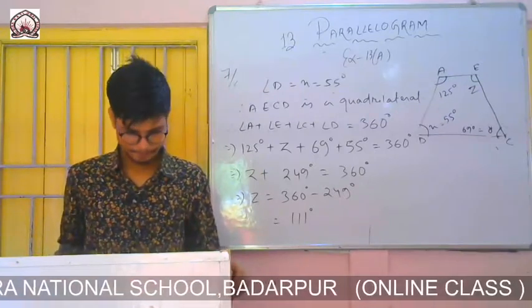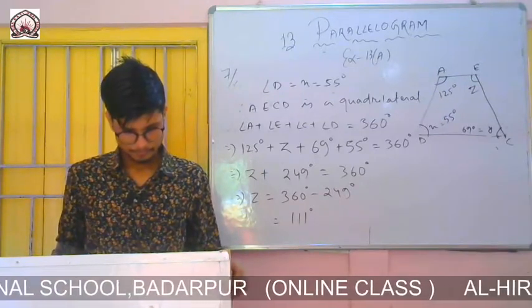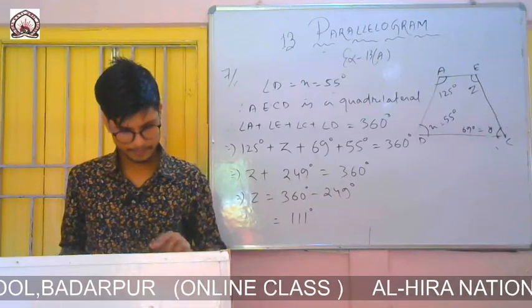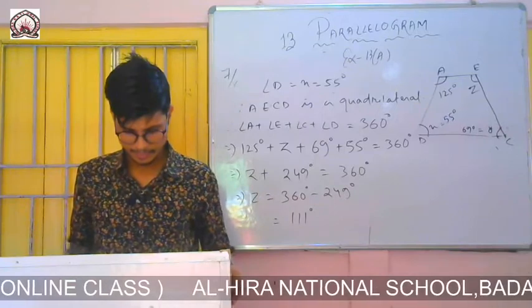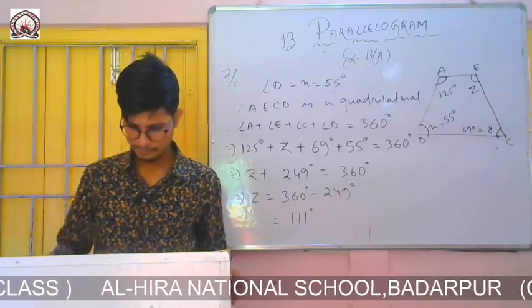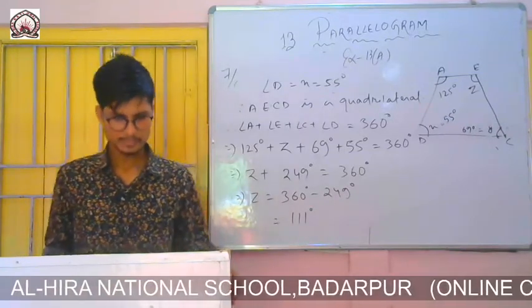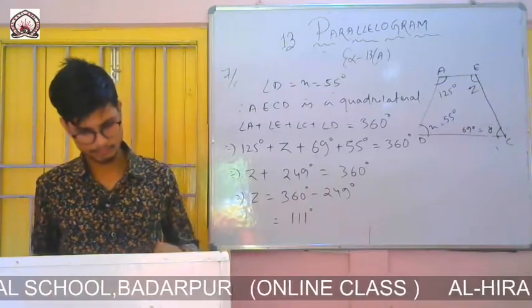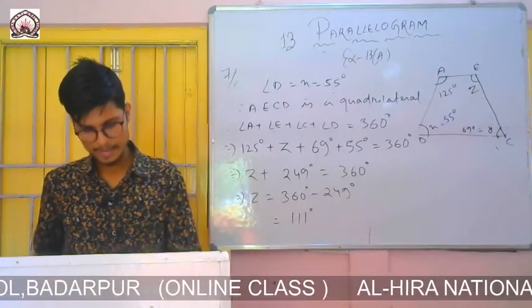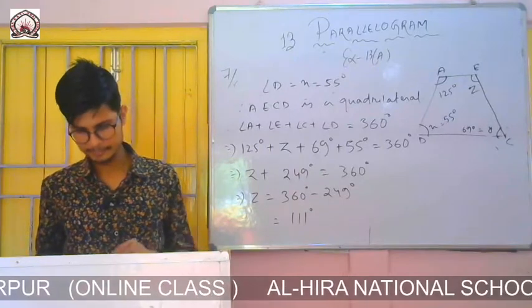In the figure, find the four angles A, B, C and D of the parallelogram ABCD. The question is to find all four angles of the parallelogram ABCD.